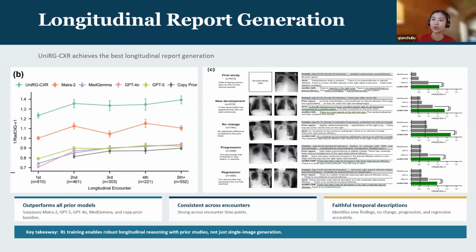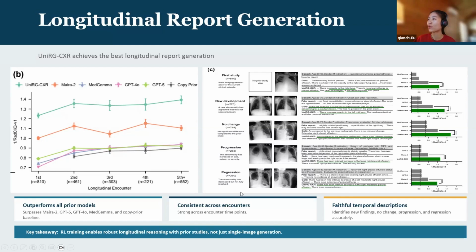There's not much additional information to help guide the model's writing. And then for the following visits, there's prior information as a very strong cue for the model to condition on. In many cases, it's just no change for the patient, and the model can already reuse much of the information from the prior reports. So that's the reason the first study is the most difficult one.